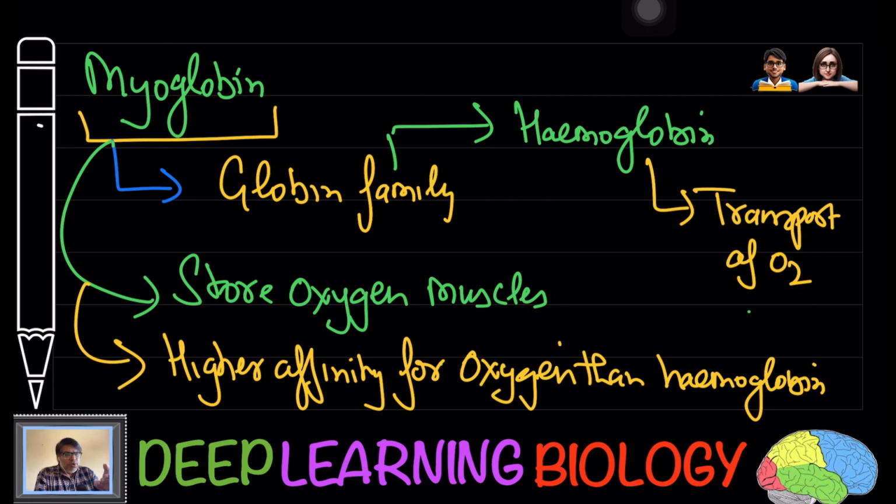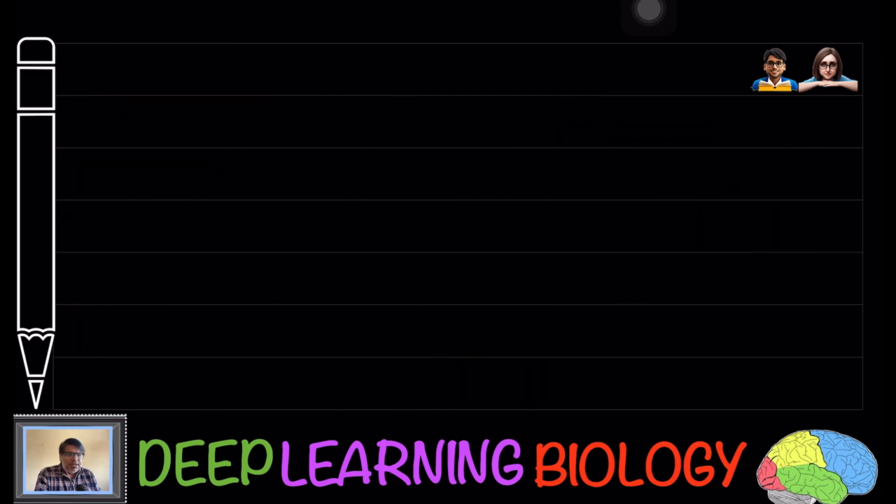Myoglobin has higher affinity for oxygen, so it can snatch oxygen from the hemoglobin. Myoglobin has higher affinity for oxygen than hemoglobin.